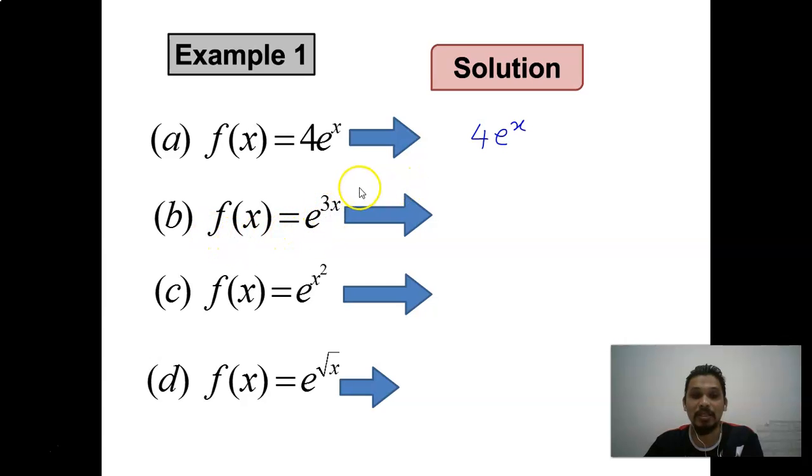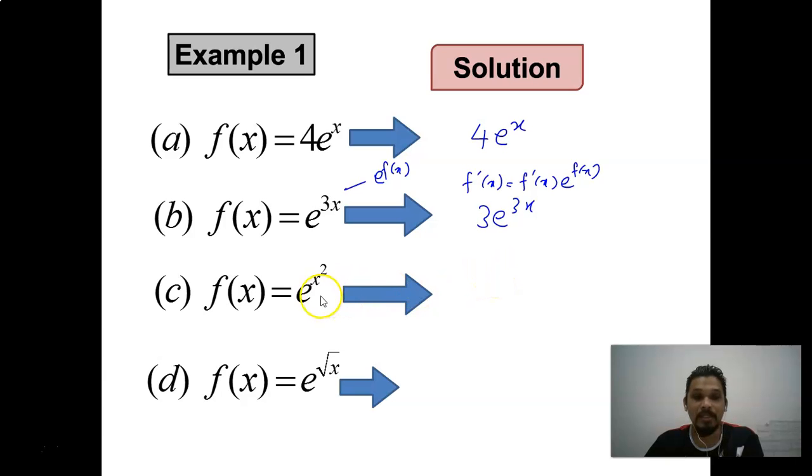So this is considered as e to the power of f(x), and the derivative is f prime x times e to the power of f(x). So in this case, it comes out with 3e to the power of 3x.